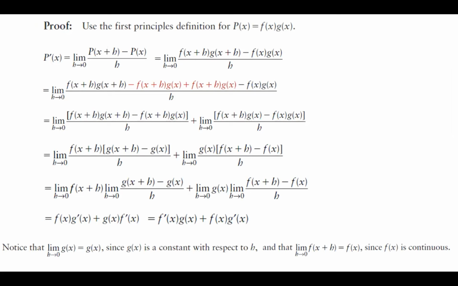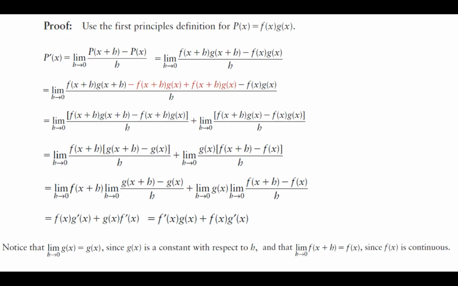Then we can insert the expression of P(x) in there. So that becomes the limit of f(x plus h) times g(x plus h) minus the product of f(x) and g(x), over h as h approaches 0, right?